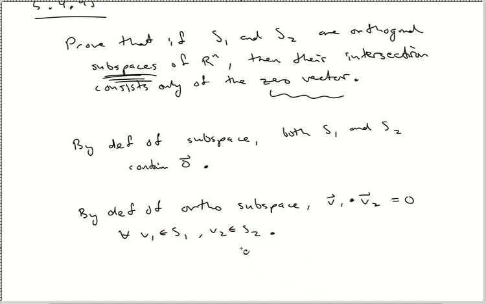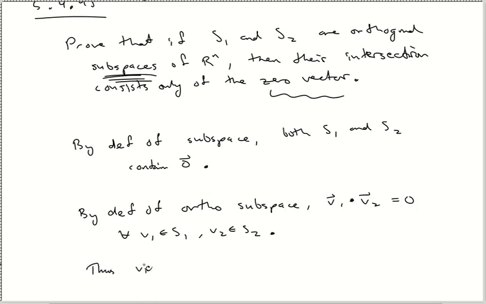Basically, the vectors from S1 and S2 all have to be orthogonal to one another. They all have the dot product equal to 0.